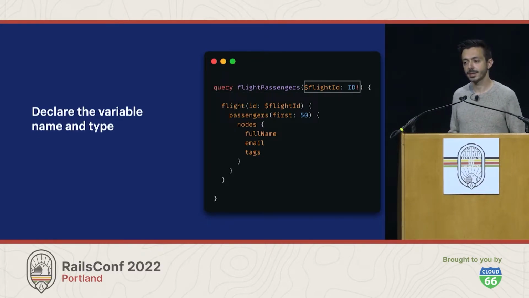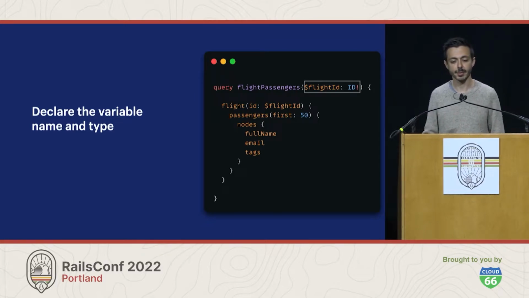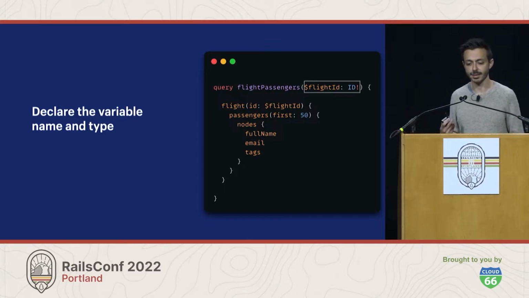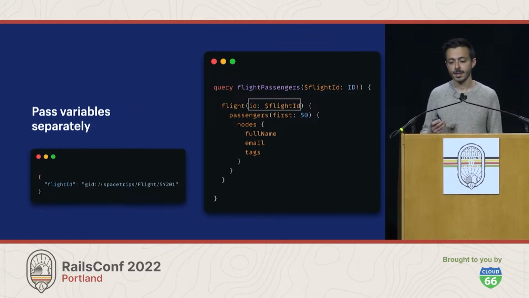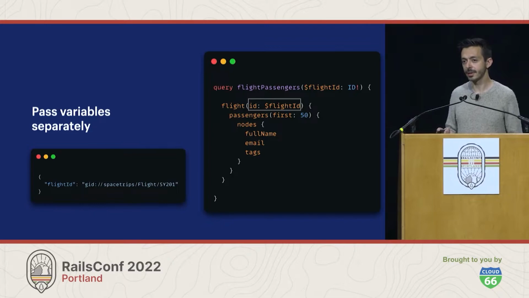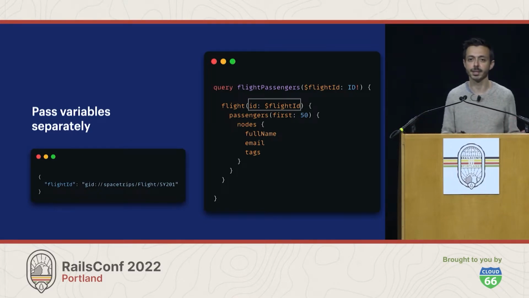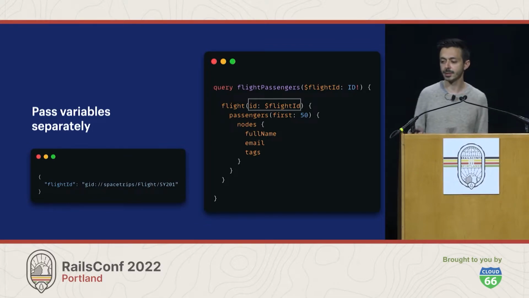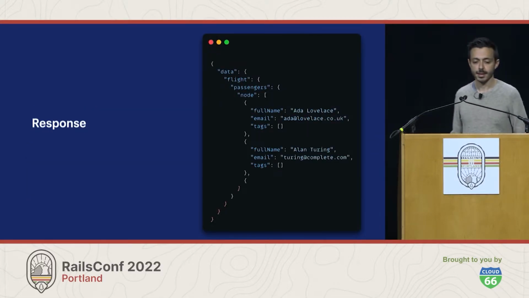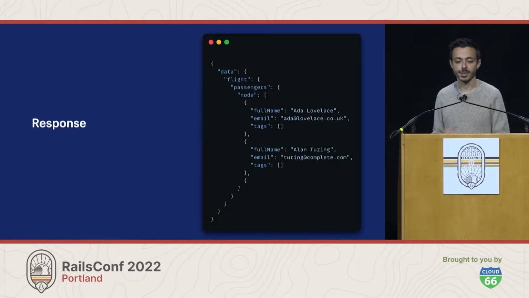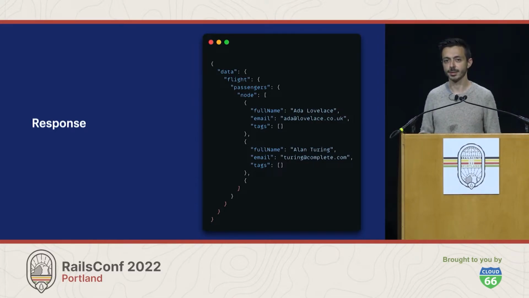And then we declare the variable name and the type. So we have flightId, that's our variable name, and the type is ID. Now we replace our hard-coded value with the variable name, and instead of passing the value in the query, we pass it separately in a JSON object. Now we're ready to run this query. And the response has two passengers for this flight.